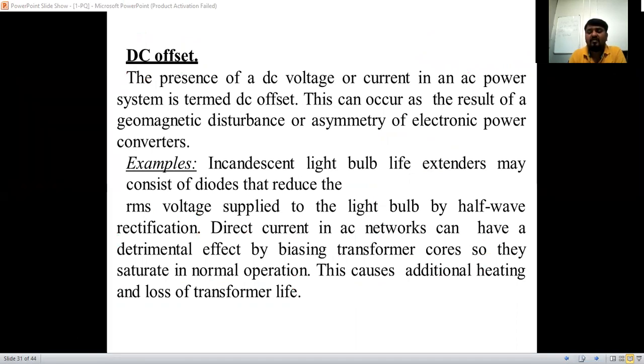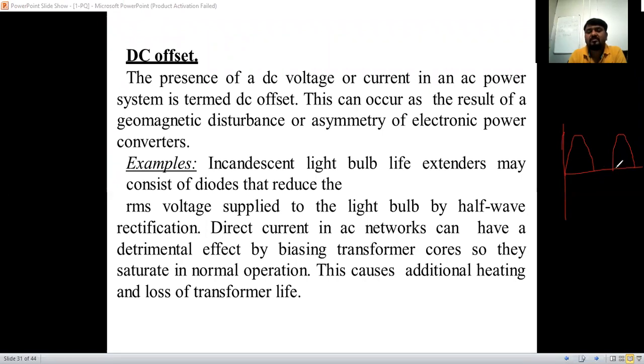I will give an example: half wave rectification. See here, is it full AC or DC? Like this we are going to get half wave rectification. You can say whether it is AC or DC. In a half wave rectifier the output comes like this: only for the first half cycle do we get the output.